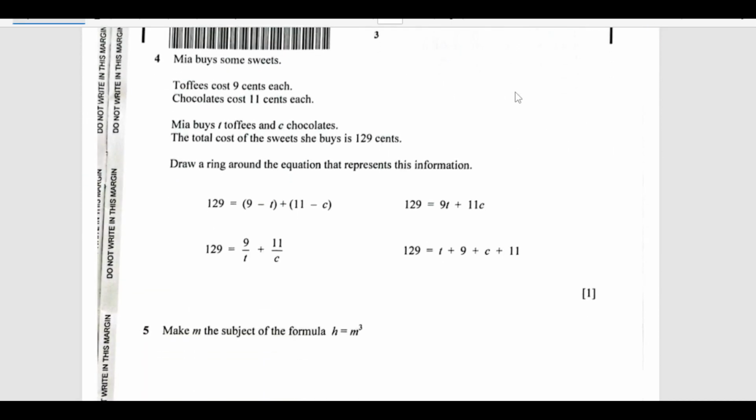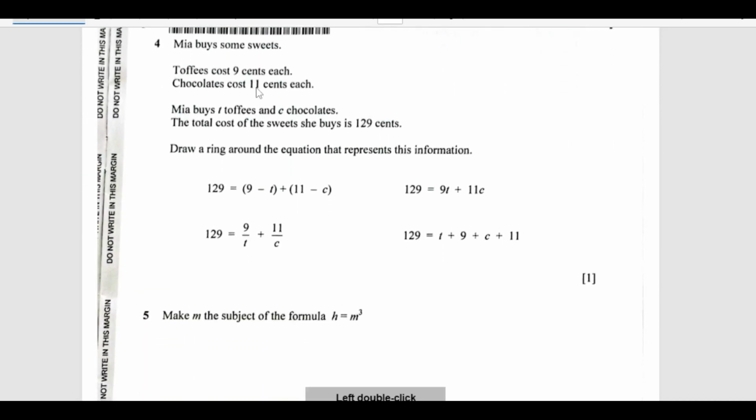Now, number 4: Mia buys some sweets. Toffees cost 9 cents each, chocolates cost 11 cents each. Mia buys 10 toffees and C chocolates. The total cost of the sweets she buys is 129 cents. Draw a ring around the equation that represents this information.